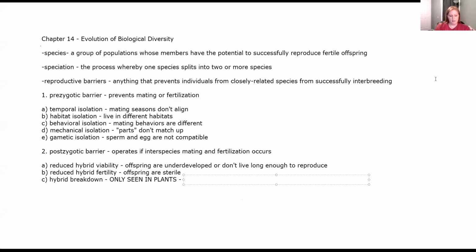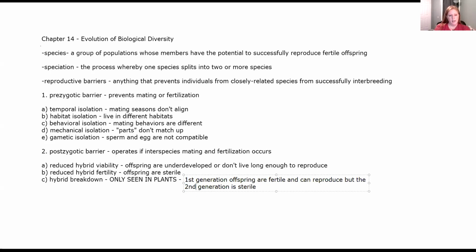So basically what happens is the first generation offspring of plants are fertile, okay? And they can reproduce. But the second generation is sterile, okay? So you only get one fertile generation, but then after that, it breaks down and they can't reproduce anymore.